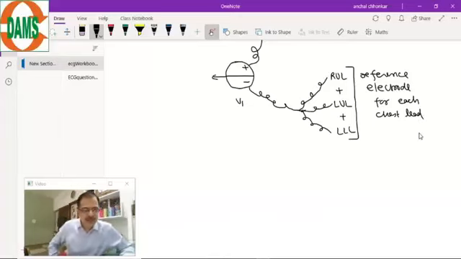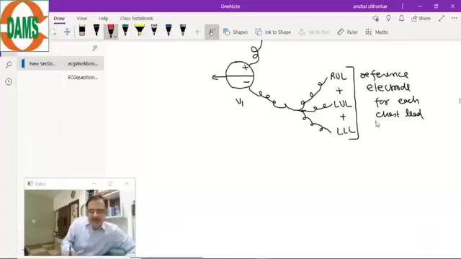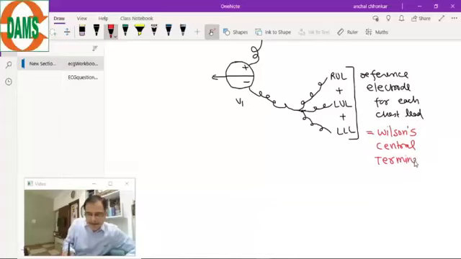This is a reference electrode, and the sum of these limbs is almost zero, so it represents a true zero reference electrode. So this electrode is known as Wilson's central terminal.